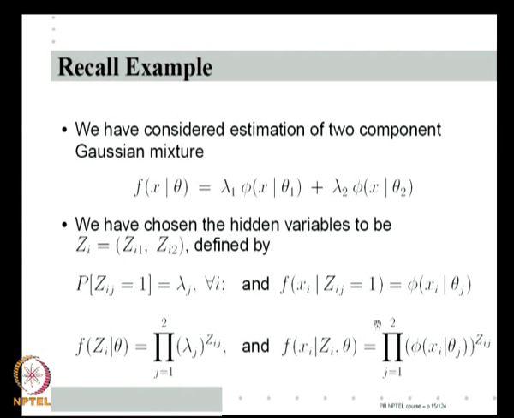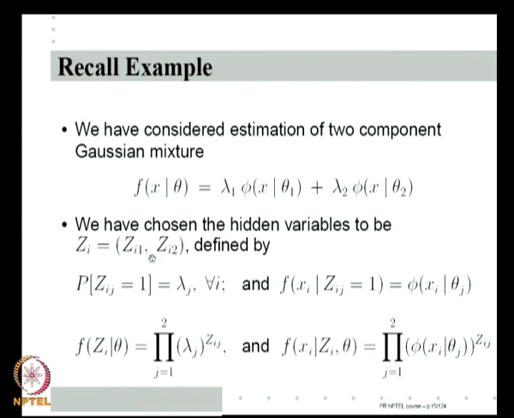So, conditioned on Zij equal to 1, f(xi given Zij equal to 1) is phi(xi given theta j). The way we have written both these equations easily generalizes to a k component mixture. The Zi will then have Zi1, Zi2, up to Zik, and these equations will still hold for j equal to 1 to k.